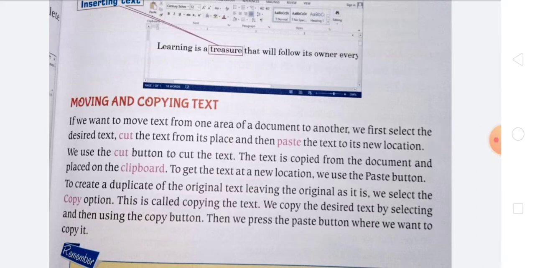Moving and copying text. If you want to move the text from one area to another, first select the desired text and cut the text from its place, and then paste the text to its new location. We use the cut button to cut the text, and the text is removed from the document and placed on the clipboard.